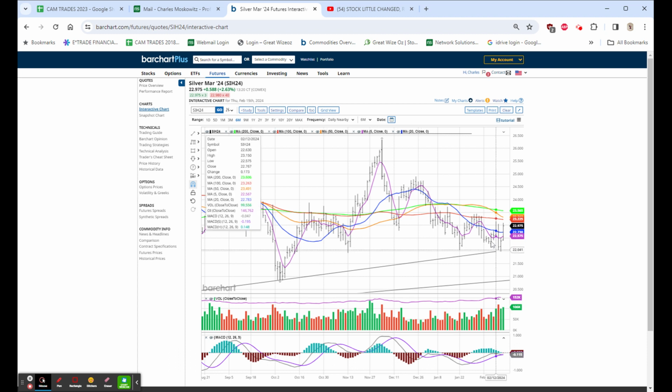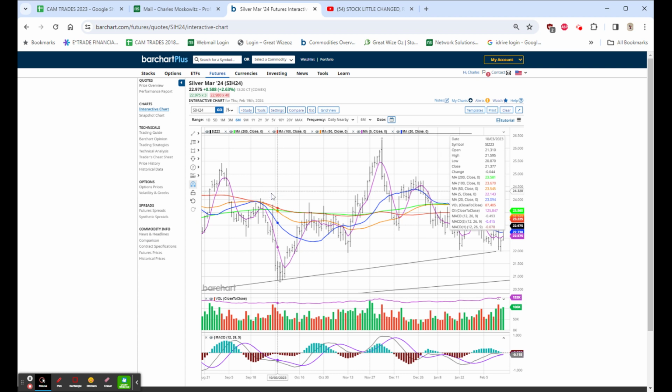In any event, he always said that the 5 and 20 crossing gives you a change in trend. And he's generally right. I mean, we crossed here up around $23.50. We went down, came back and made a lower high from here, came down again, tried it again, but closed on the low and continued down.